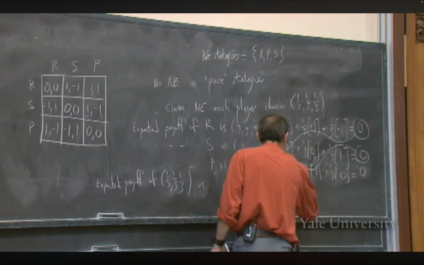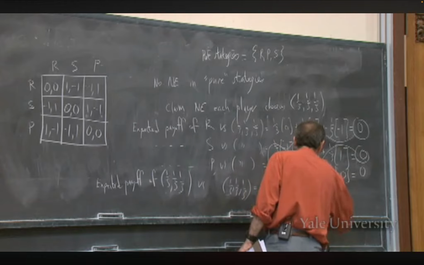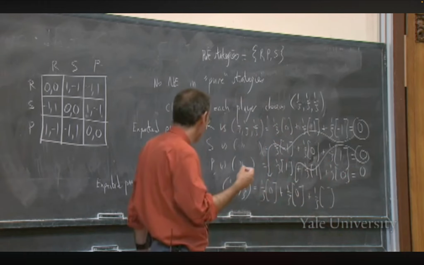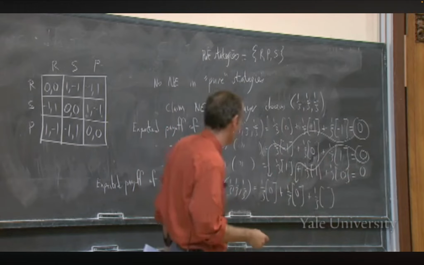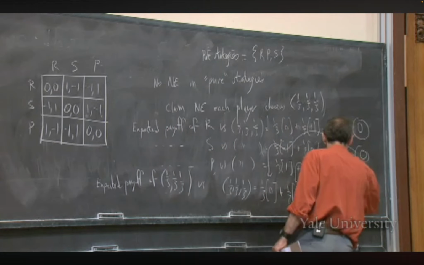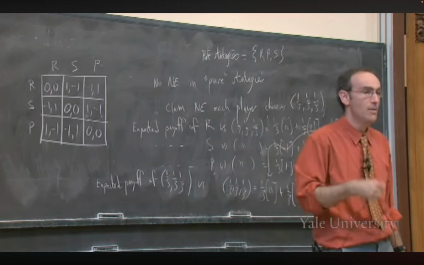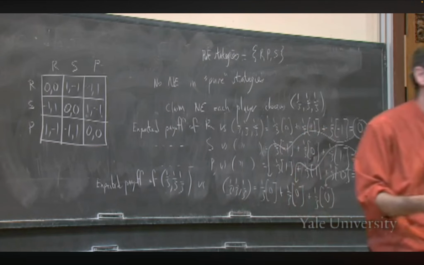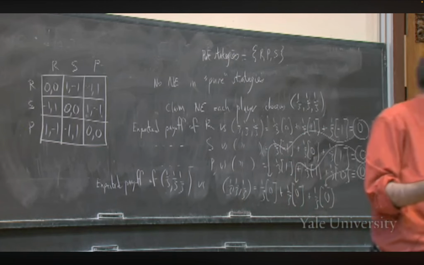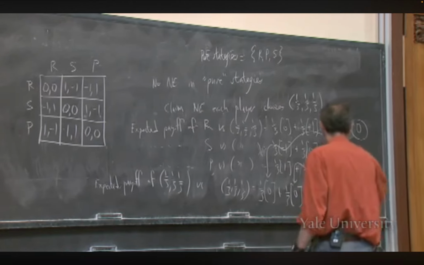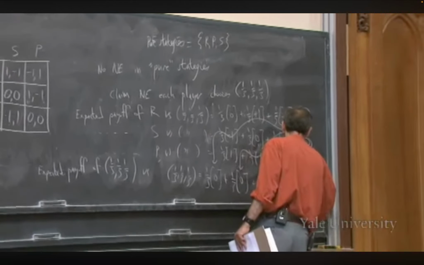And a third of the time, I'll be playing paper, in which case I'll get the expected payoff of paper against a third, a third, a third, which once again was 0. So my total expected payoff is a third of 0 plus a third of 0 plus a third of 0, which for the math phobics in the room comes out as 0.